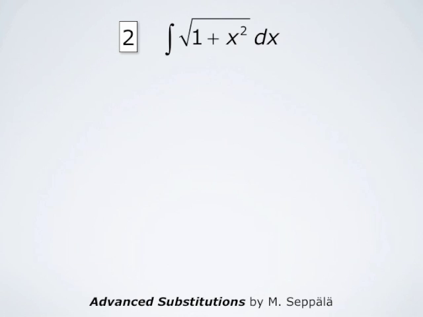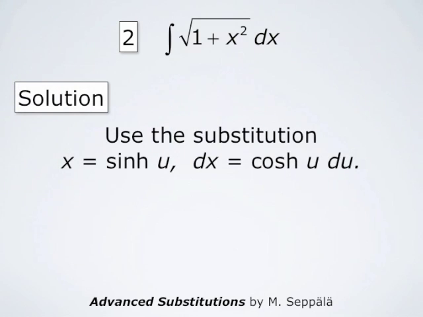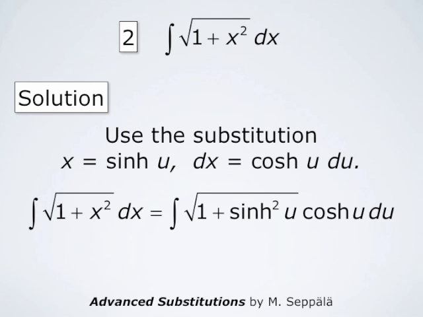To compute the integral of square root of 1 plus x squared dx, we use a hyperbolic substitution, x equals hyperbolic sine of u, then dx is hyperbolic cosine of u du. If we perform this substitution, then the integral becomes the integral of square root of 1 plus hyperbolic sine squared of u times hyperbolic cosine u du. 1 plus hyperbolic sine squared of u is simply hyperbolic cosine squared of u.